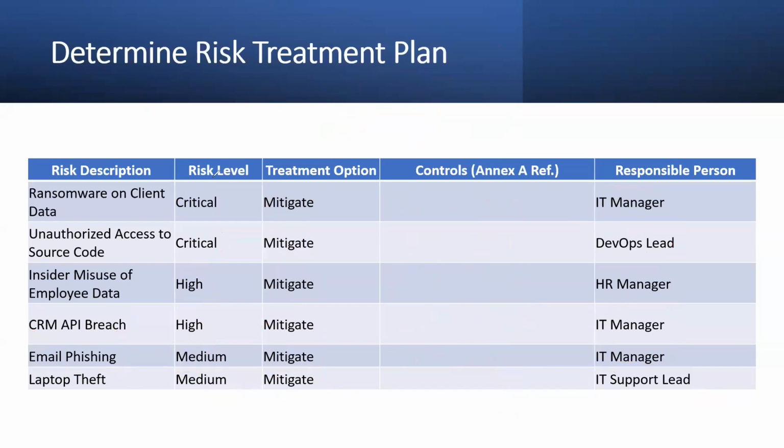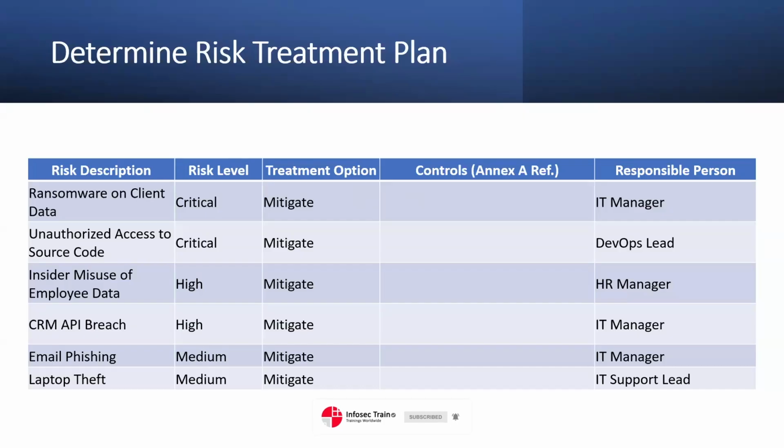Now once you have determined and made a plan for the treatment, it's not your duty to put that control in place. There will be a dedicated team or responsible person who is going to make sure that this control has been applied. You can document this in a risk register.